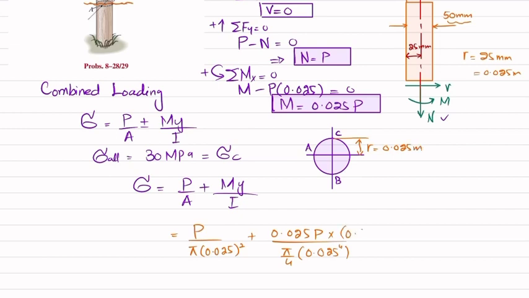So I will multiply by 0.025 meter. And that is equal to the allowable stress, which is 30 megapascal, so 30 times 10 raised to power 6.